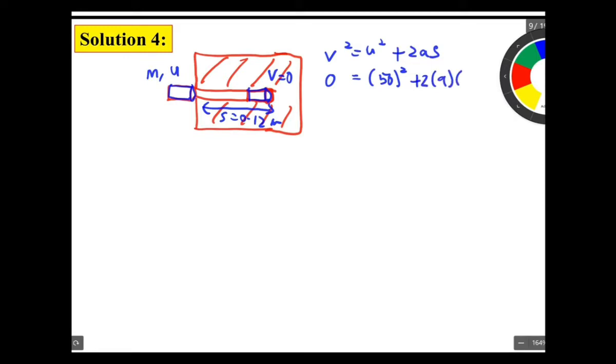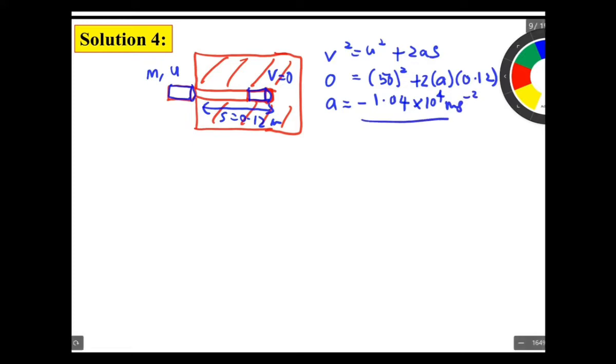S kita adalah 0.12. Okay. And then kita dapat acceleration is equal to negative 1.04 times 10 power of 4 meter per second squared.